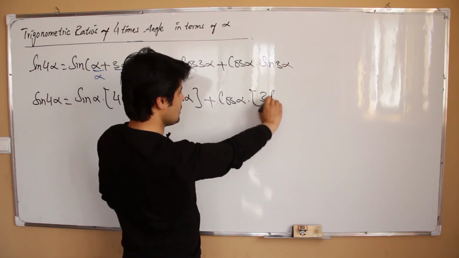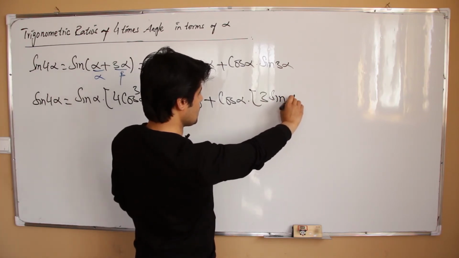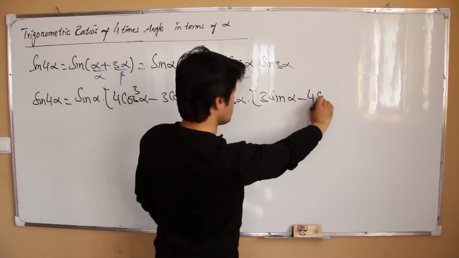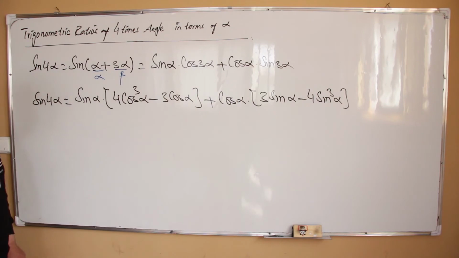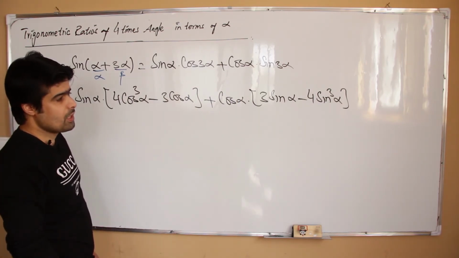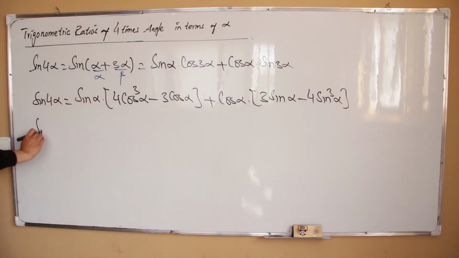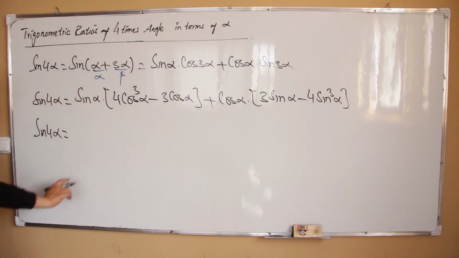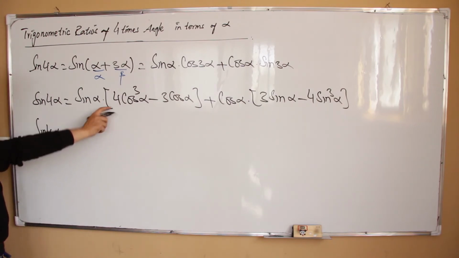It is 3 sine alpha minus 4 sine cube alpha. We have a change just in its position and its trigonometric ratio. Okay, so sine of 4 alpha is equal to sine alpha times this one.